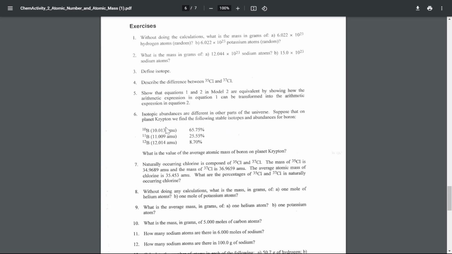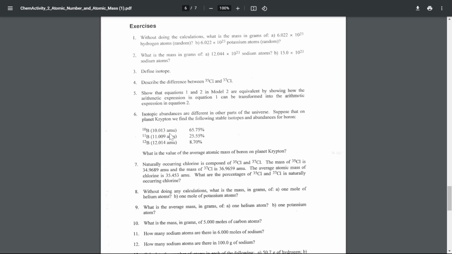So I'm just turning these into an average, just calculating how many I'm going to have of these atoms that weigh this much.